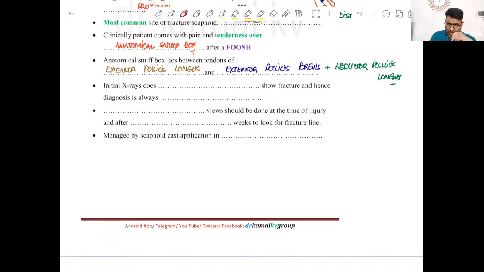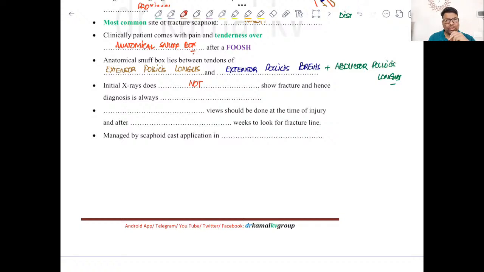Now there is possibility that initial x-ray might not show you the fracture line, but this doesn't mean that there is no fracture at all. If you feel tenderness, if you can point out the tenderness in the anatomical snuff box post fall injury, straight away go for fracture scaphoid.